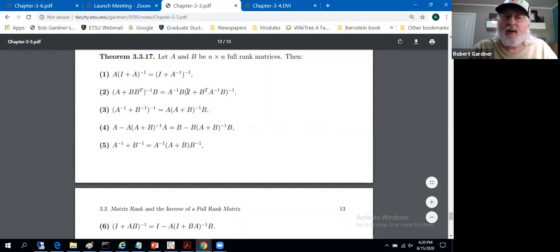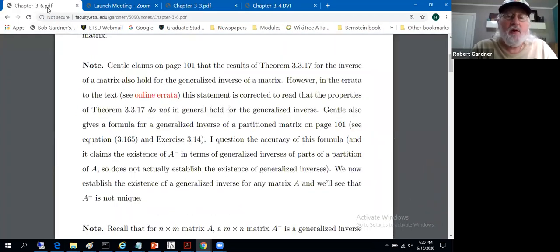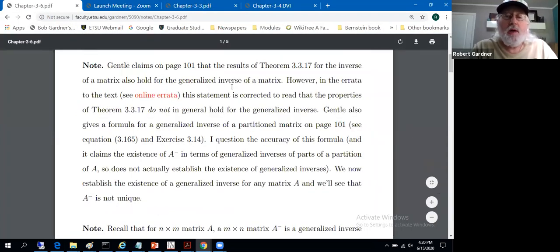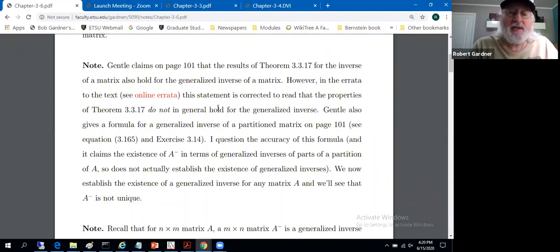Here we're talking about regular inverses, but Gentle claims these results hold as well for generalized inverses, but they don't. There's an errata. Here's a link to the errata for the first edition of the book. It states that it should read, these results do not in general hold for generalized inverses.